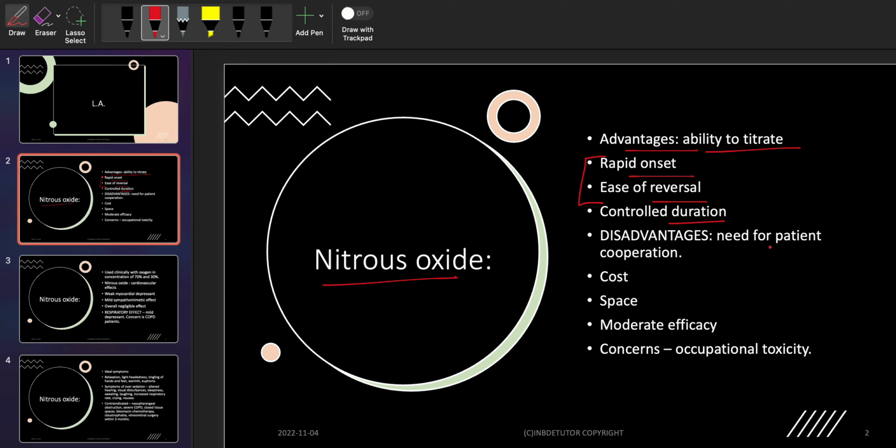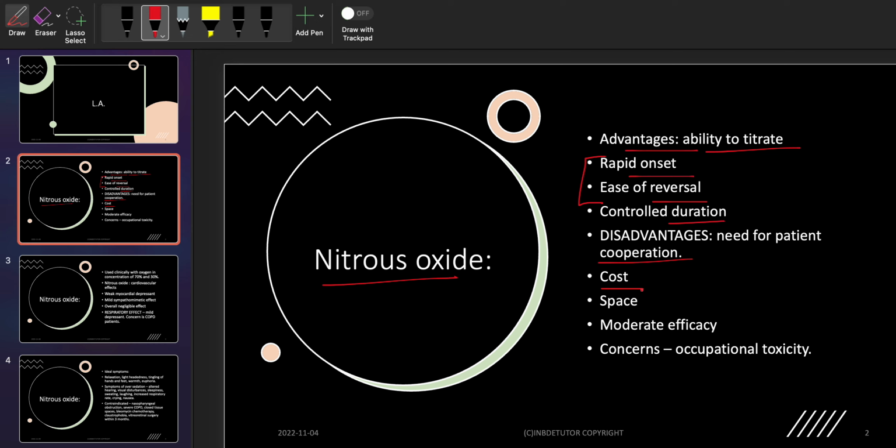What are the disadvantages? If this local anesthetic has some advantages, it will definitely have some disadvantages as well. Need for patient cooperation, means you cannot give it to children because you need cooperation from them, right? So that's one disadvantage. Second one is the cost. Obviously, if you add the extra cost of giving nitrous oxide plus the treatment the patient is going through, it will add up a lot.